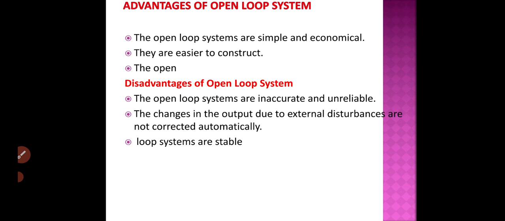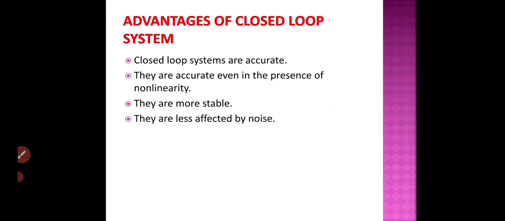These are the advantages of an open loop system. Disadvantages: the open loop systems are inaccurate and unreliable. The changes in the output due to external disturbances are not corrected automatically. These are the advantages and disadvantages of the open loop control system.